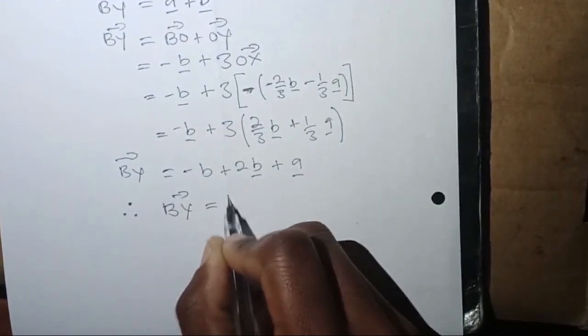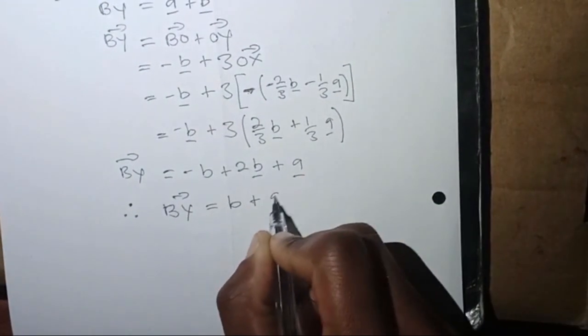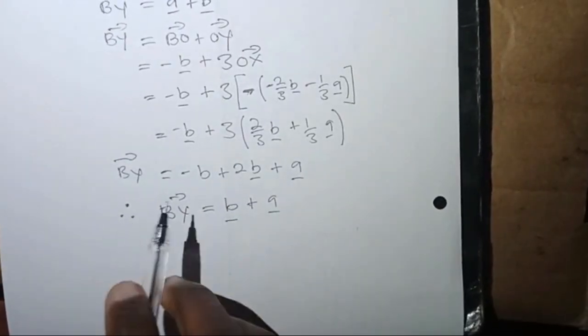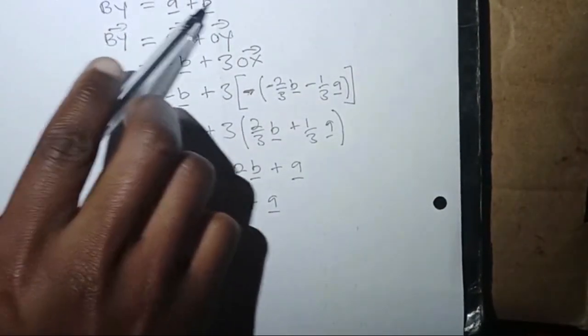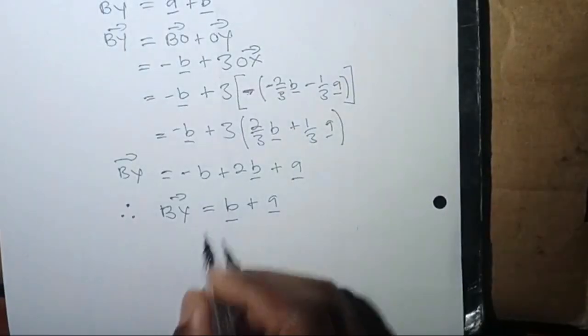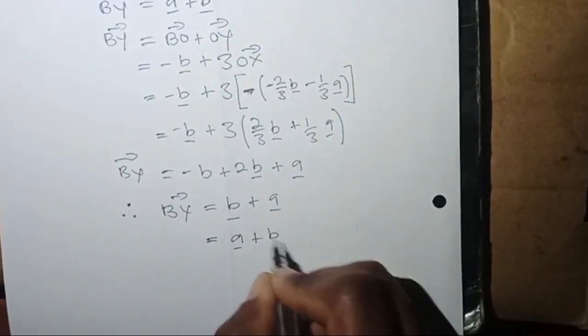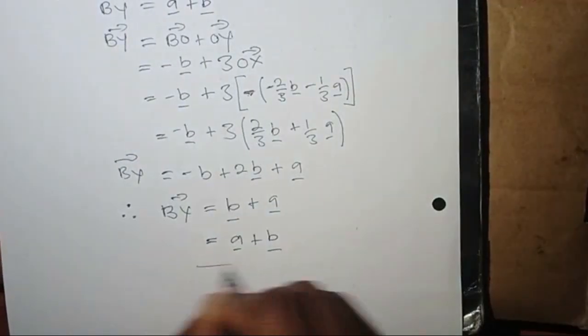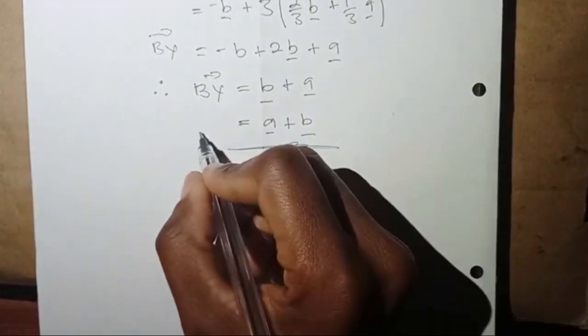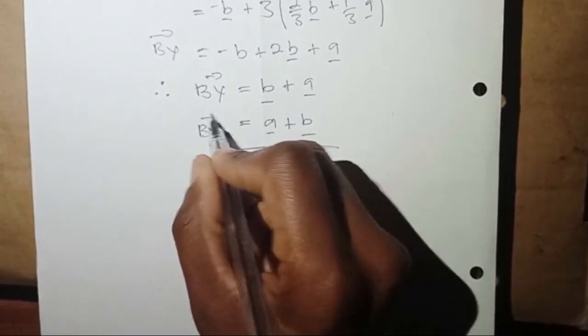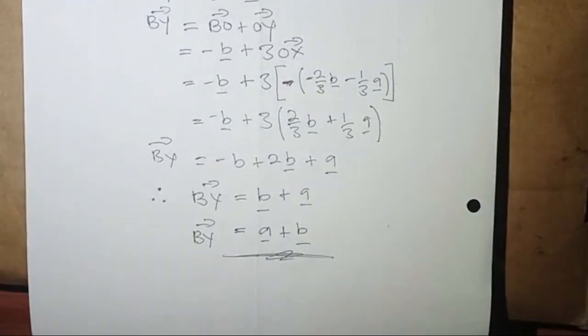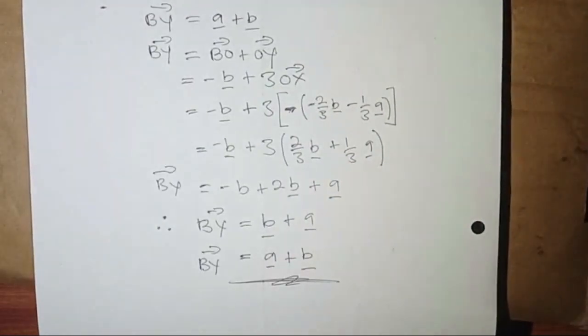So it's going to be b plus a. And hence we have shown, as you can see, this is the same as writing a plus b. So we have shown that BY equals that vector.